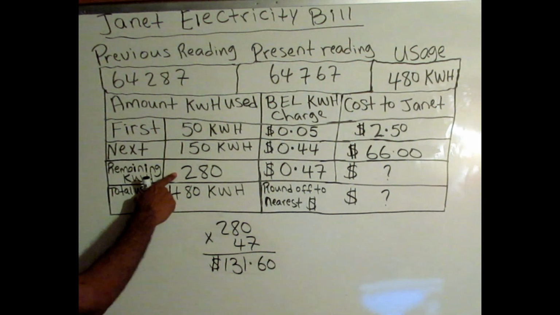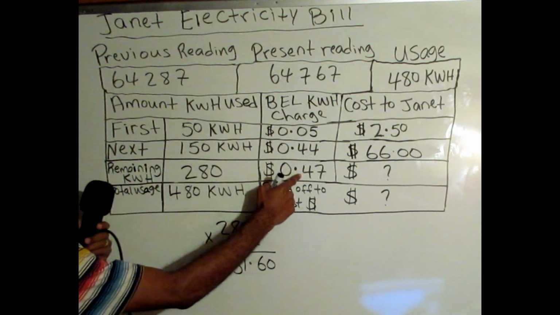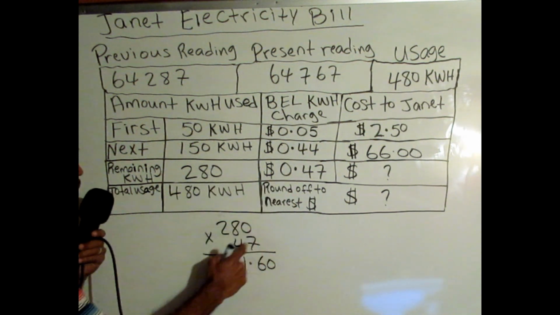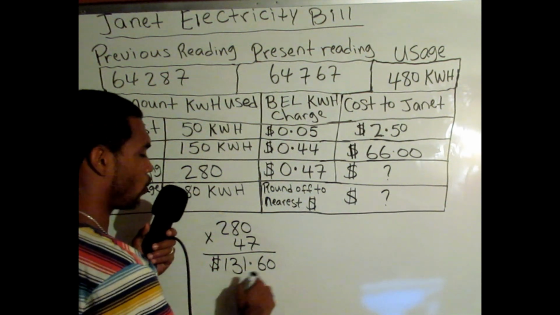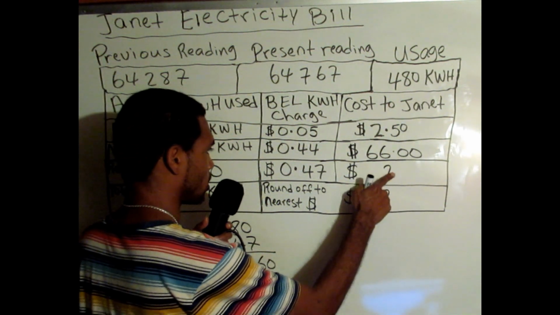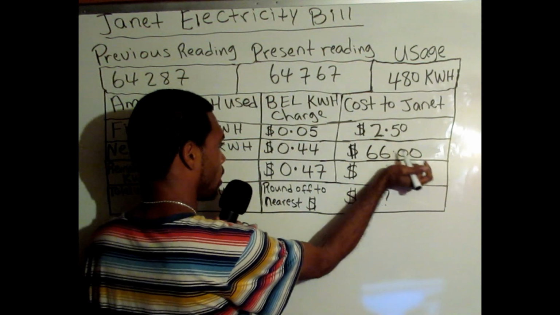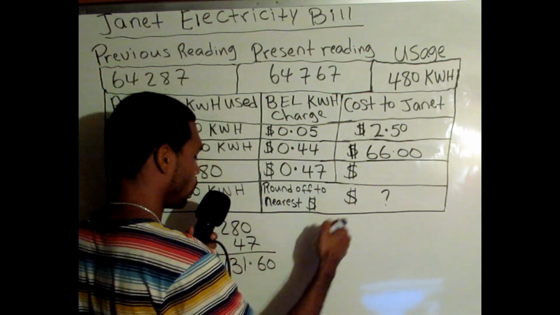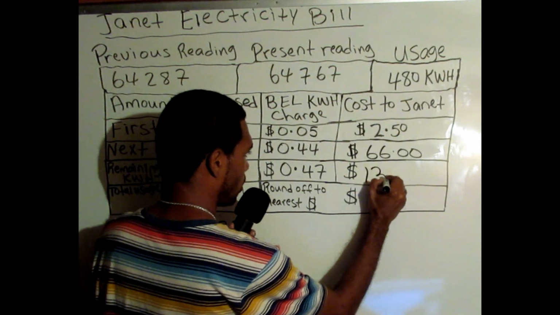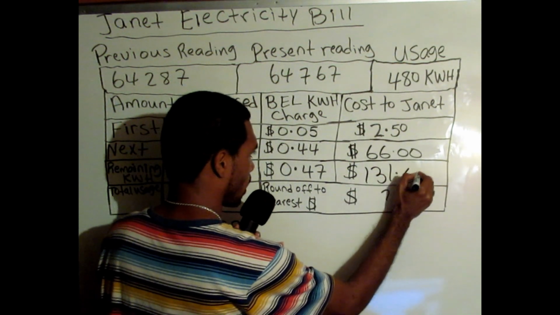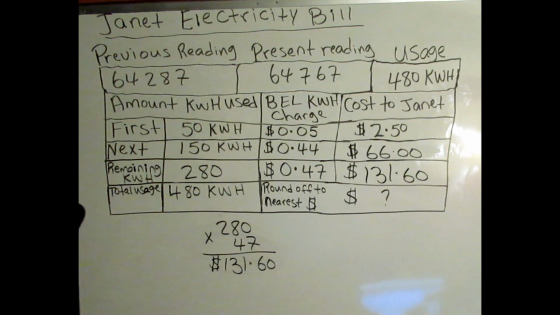So the remaining 280 kilowatts at 47 cents, when we multiply it, will give us $131.60. So we'll erase this, and after erasing this, we know that the amount is $131.60.